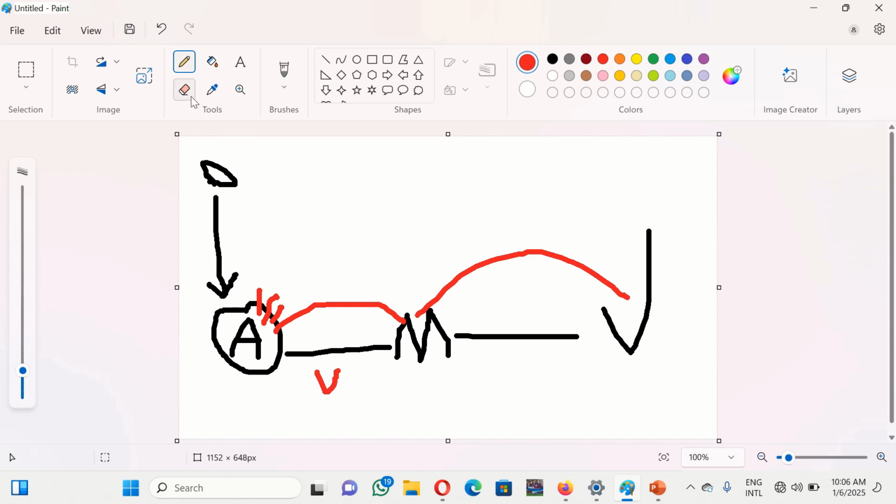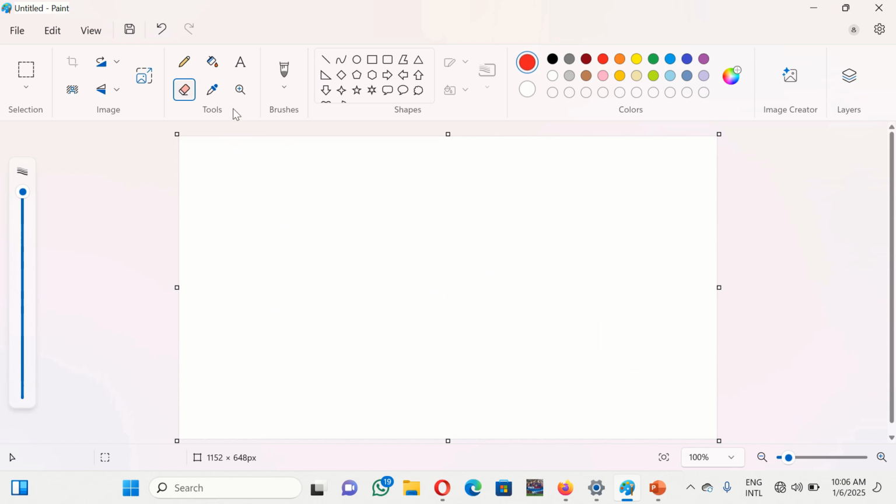So if you consider the ambulance moving, let's say we have M here, and we have our V here, and then ambulance A is going in this direction.